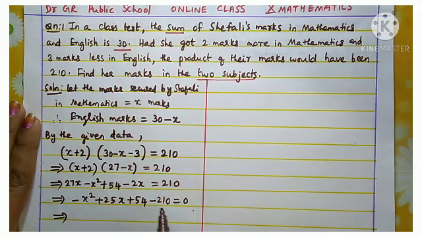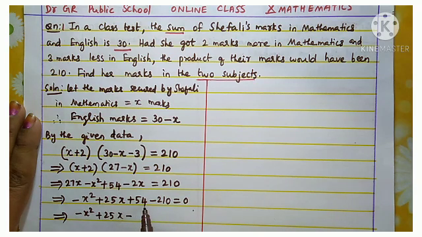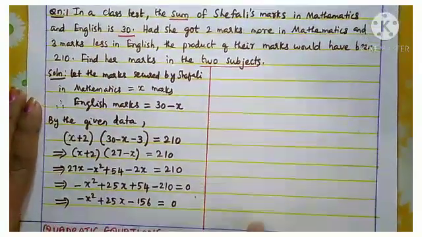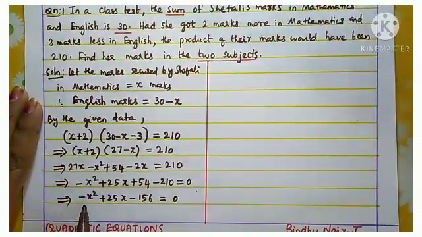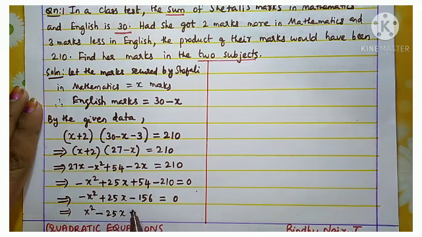Again combine this 54 and minus 210: minus x square plus 25x minus, when you combine 54 and 210, subtract and put the greater sign, so 156 you will get equal to 0. And because you got negative sign in the first term, if you want to remove this, throughout you multiply by minus. So it becomes x square minus 25x plus 156 equal to 0. Okay.